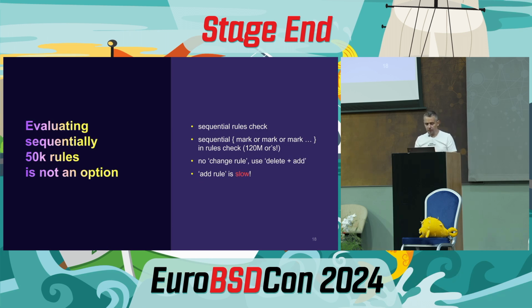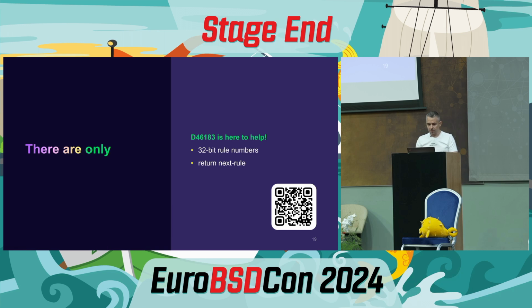Well, there are only 65,000 rule numbers, and we have like 50,000 rules already, and we want some spare numbers for our static firewall or to grow it. So let's take a look at another differential.